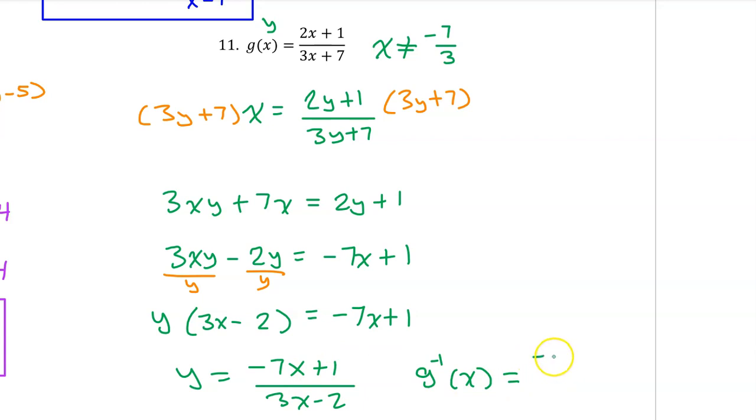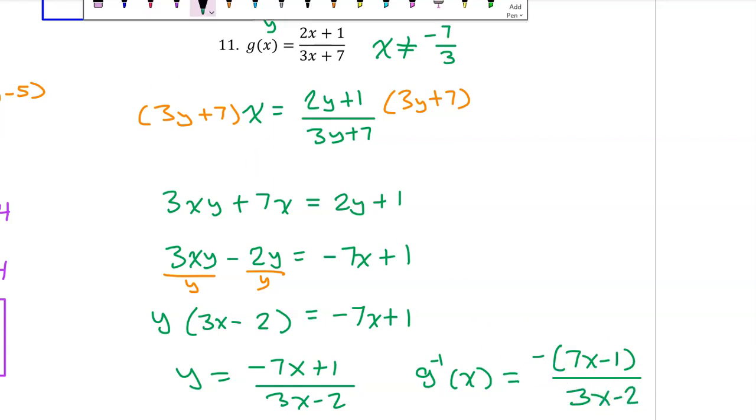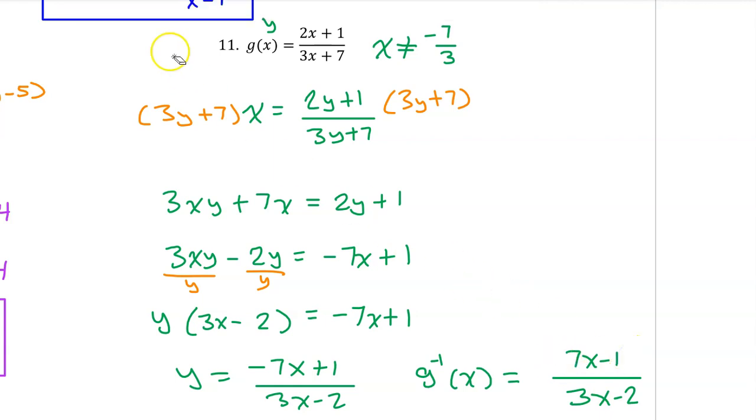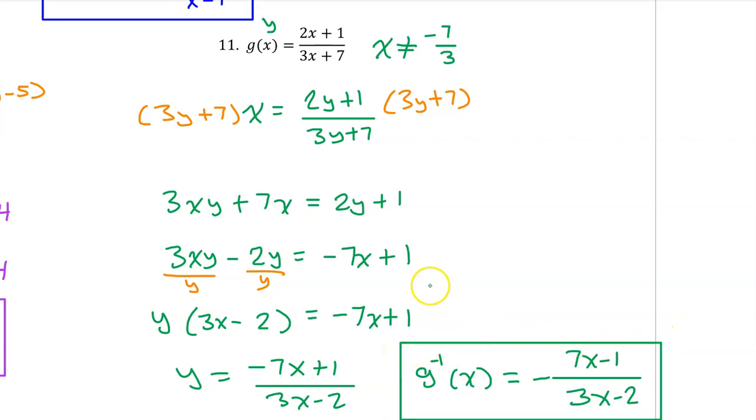So you can imagine if I take out this negative sign, I will have negative and then 7x minus 1 over 3x minus 2. But what is even more common is they love to take this negative sign and put it in the very front of the fraction like this. So on a multiple choice question, this is what you would most likely see for your answer.